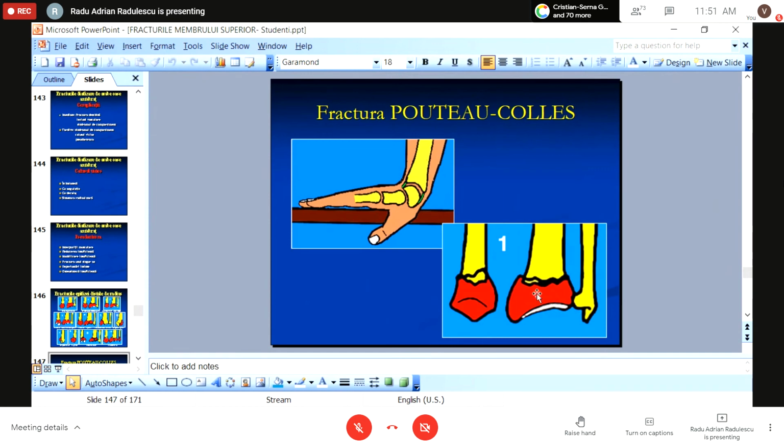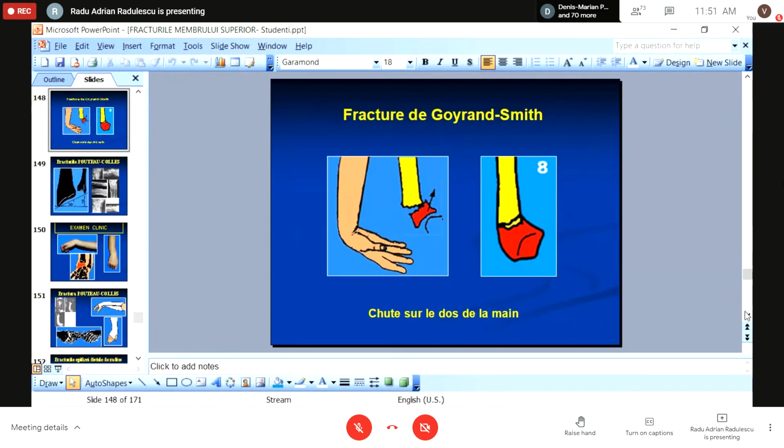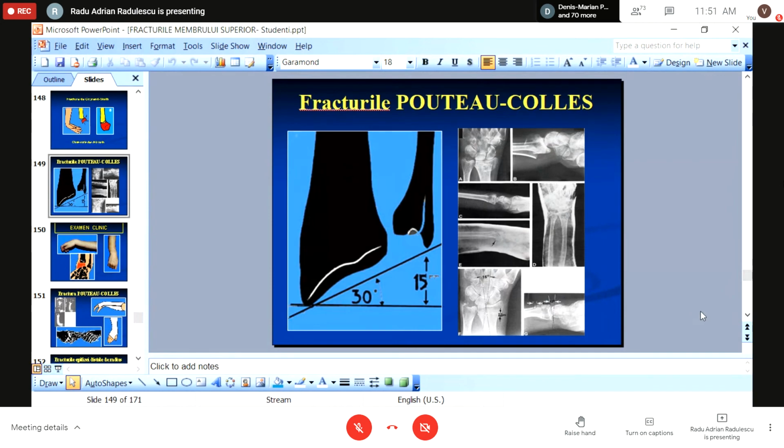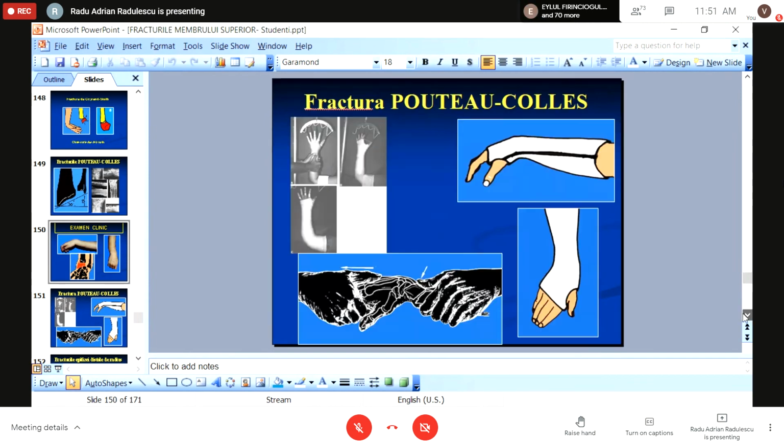In this position, the fracture line is at the level of the distal metaphysis of the bone, and it is a displaced fracture, like you can see here in this X-ray. The distal fragment, or in other words, the epiphysis fragment, is displaced proximally and posteriorly. We have a better image here.